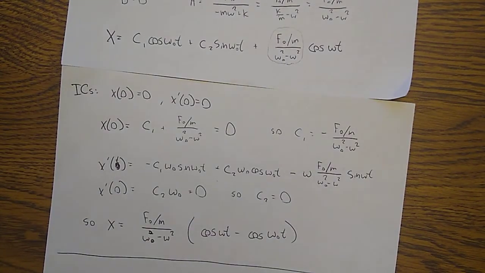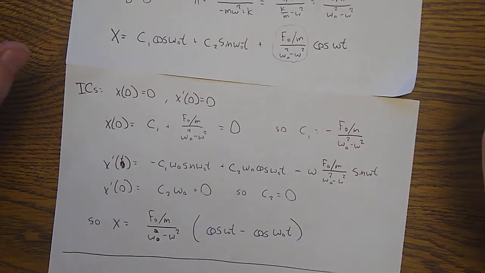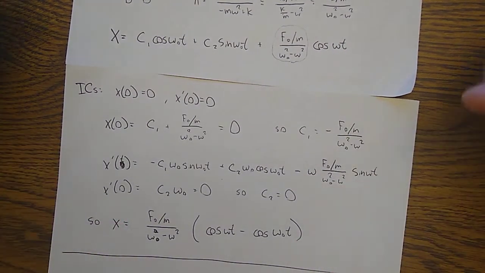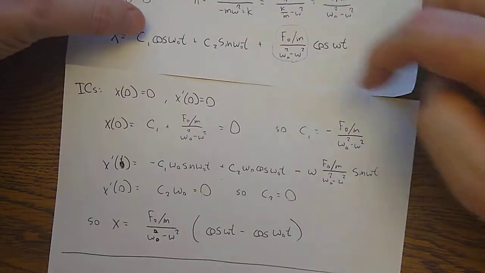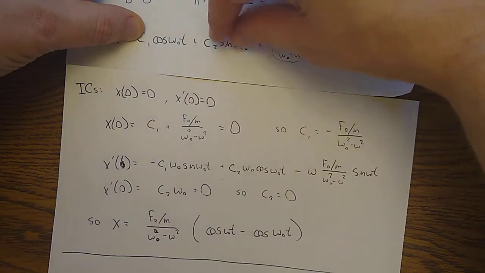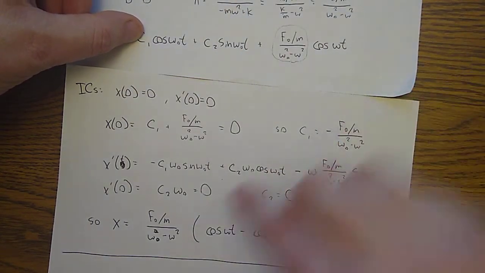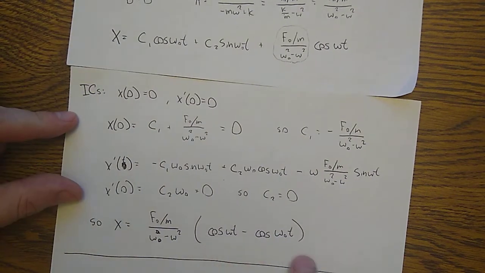And so I get C2 equals 0. Yeah, and so then I plug everything in. So let's see. C1 was this, C2 is 0, and then I can factor this number out of everything, and I should get this.